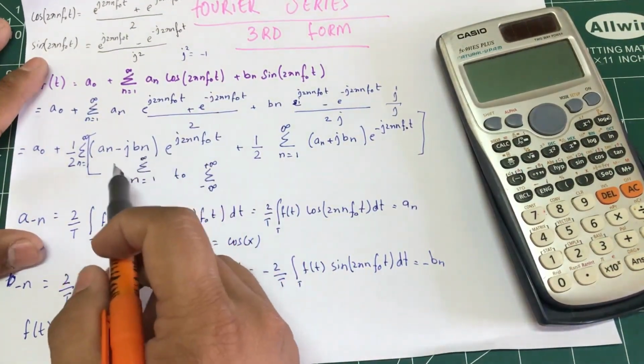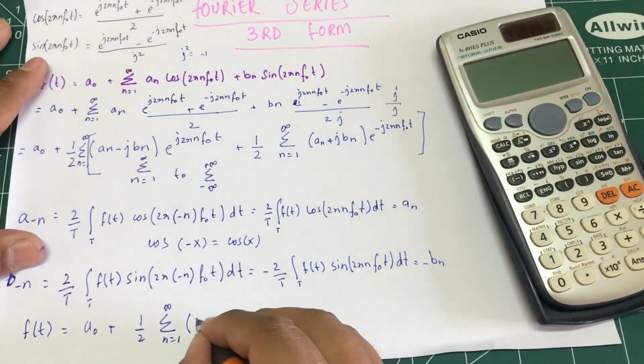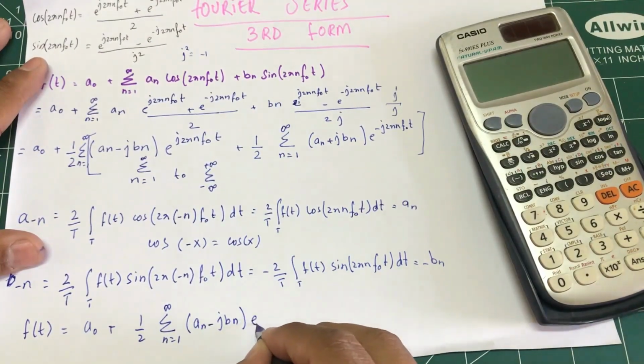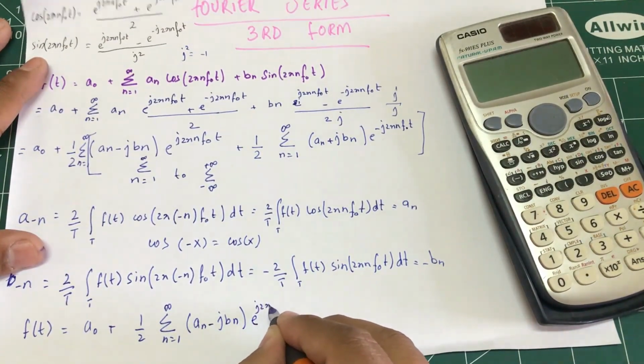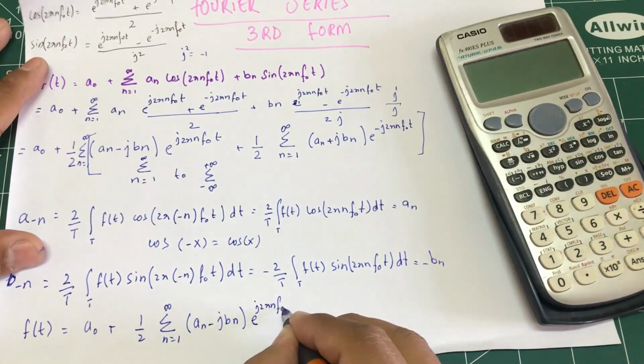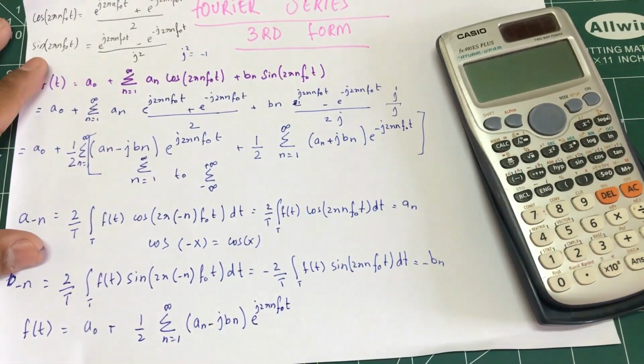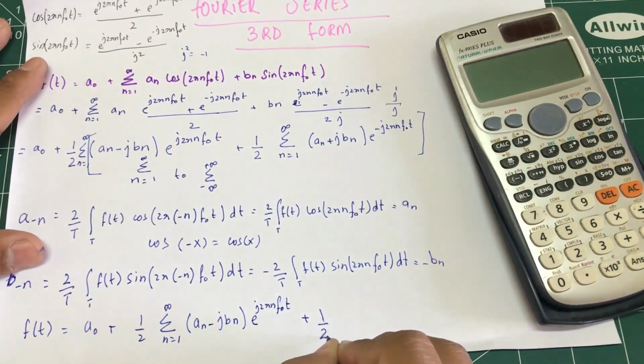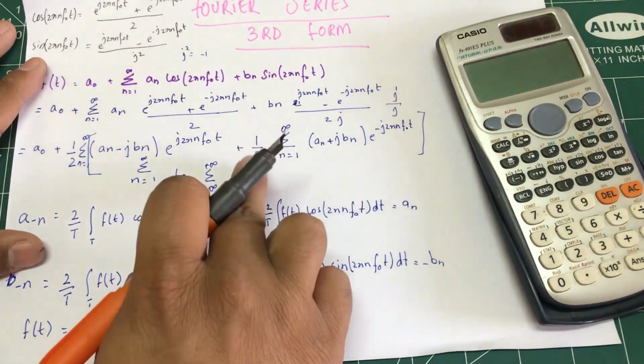This thing remains unchanged. So this is going to be an minus jbn e to the j 2 pi n f0 t, all right, plus half, which is this.